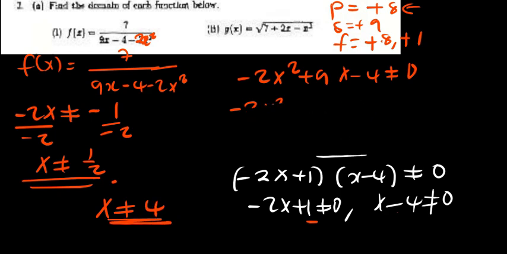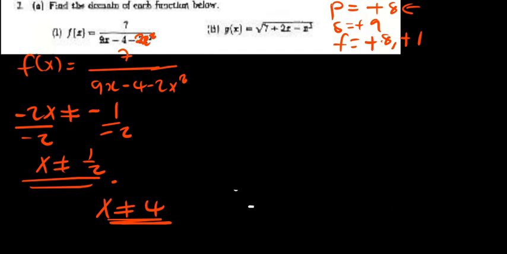Now, how do we write the domain? These are just the values, but x can be any number except half and 4. That's all.